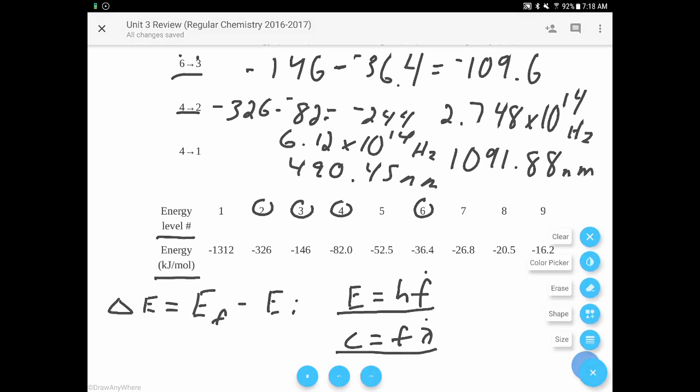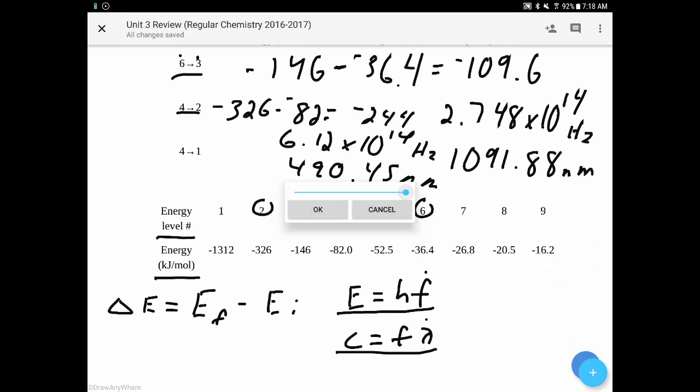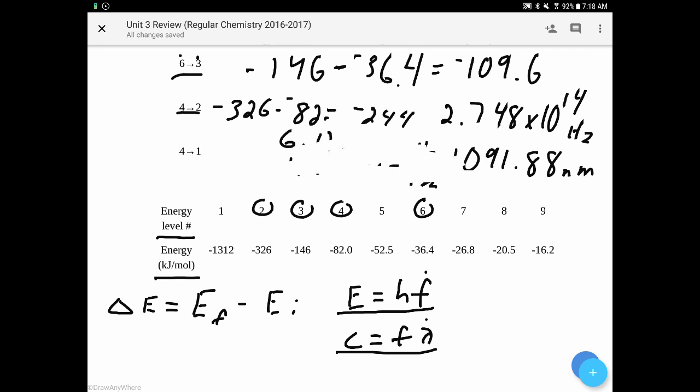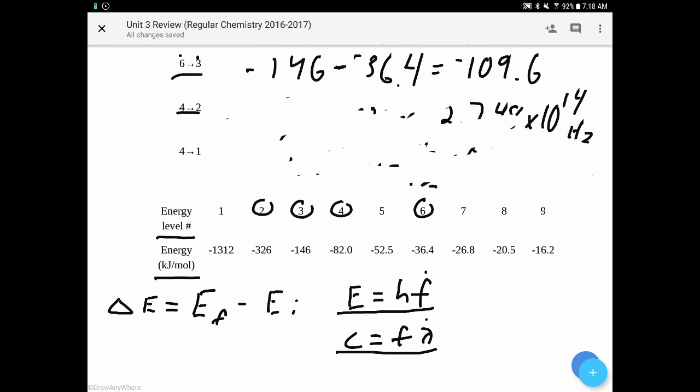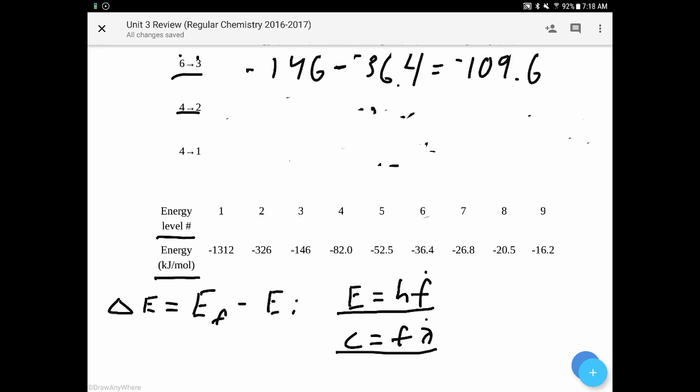Last one, but first I got to erase some stuff here. Okay, so our last one is 4 to 1.